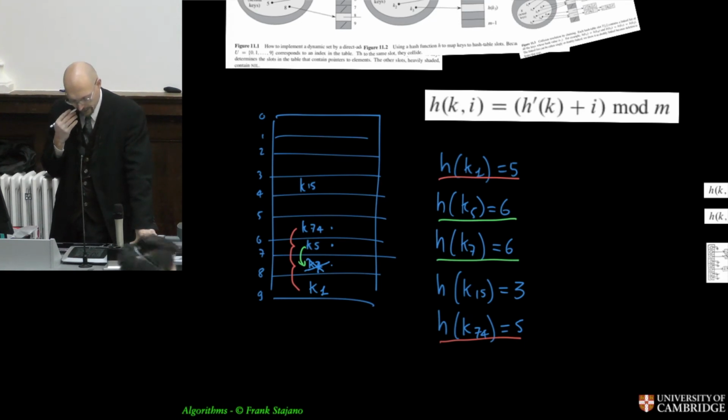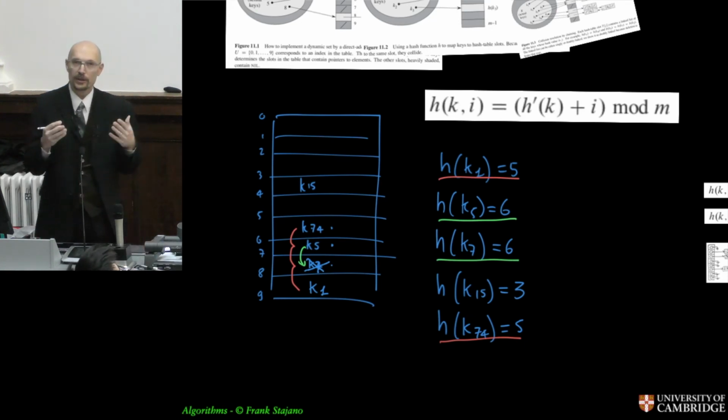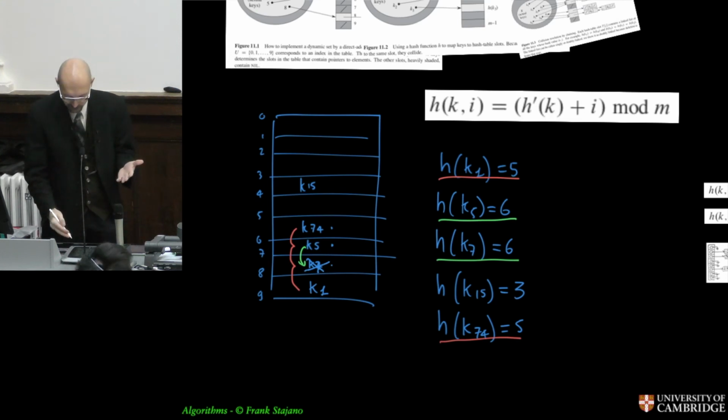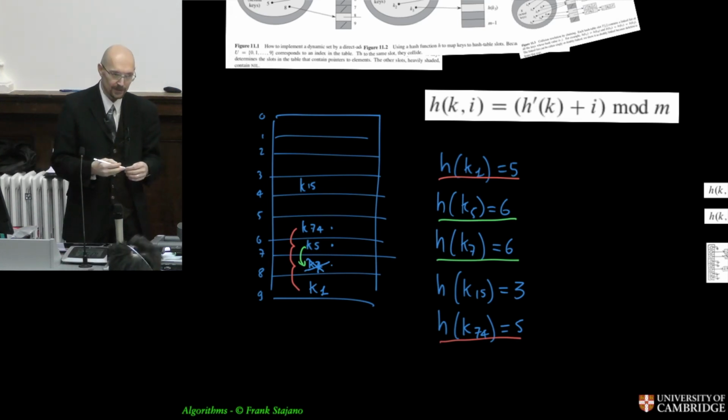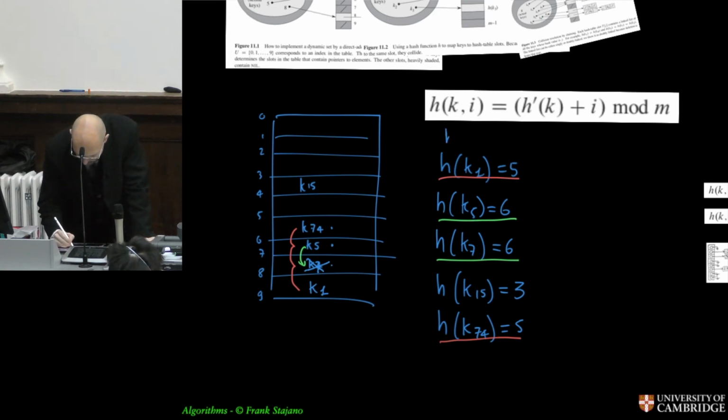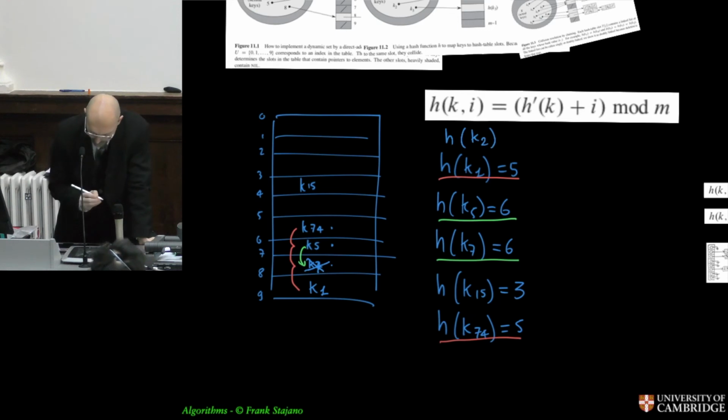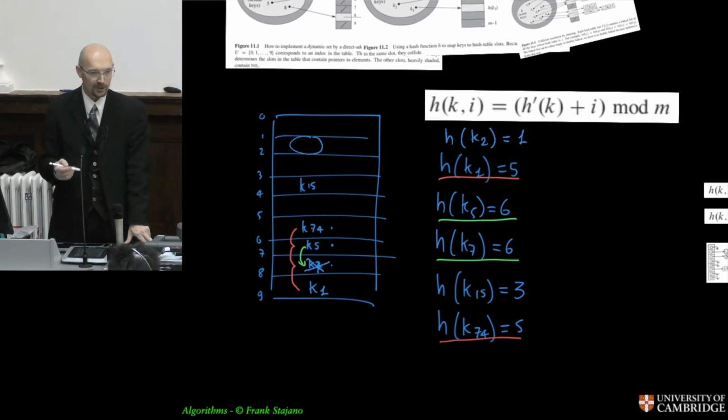There's trouble because when I search for a key, so far I've only shown what happens when the key is in the table because I put it in earlier. What if I search for key 2? I've never used key 2. So I look for h of K2, and h of K2 happens to be 1. And then I look in here, and position 1 is empty, and therefore I say not found. Okay, K2 is not found in my table because the slot was empty.